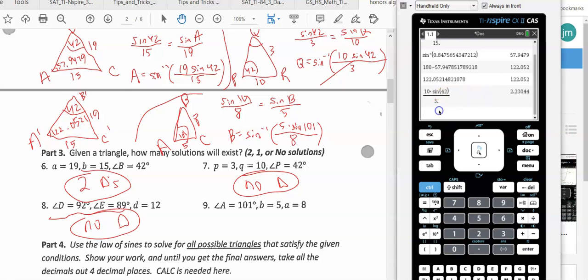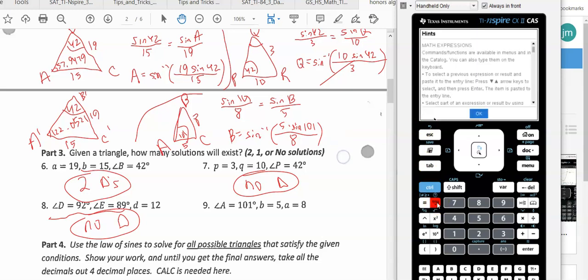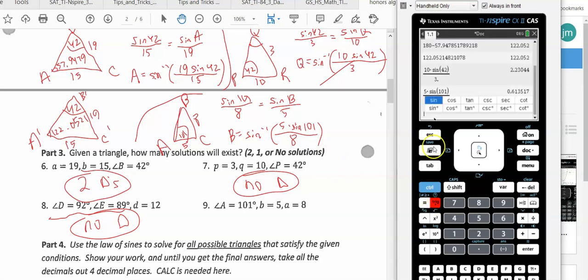Let's try that here. So we get 5 times sine of 101 divided by 8. It is a number smaller than 1, so I'm going to take the inverse sine. That number is 37. So that angle right there is 37.8442.